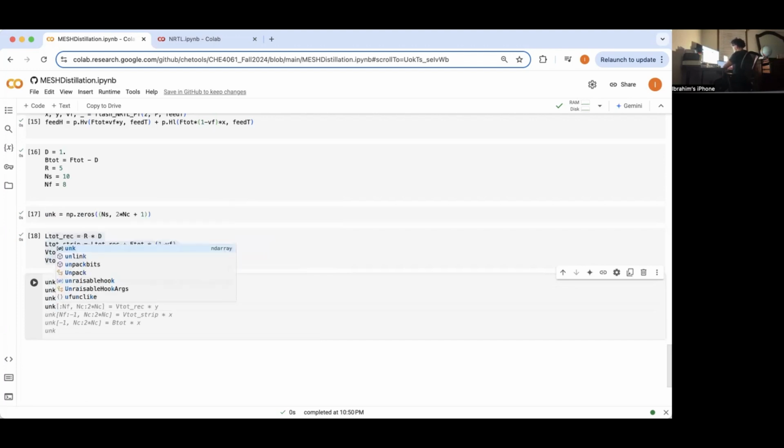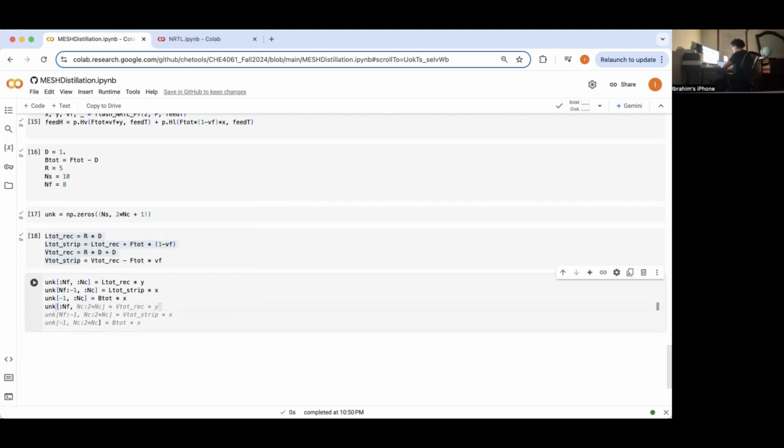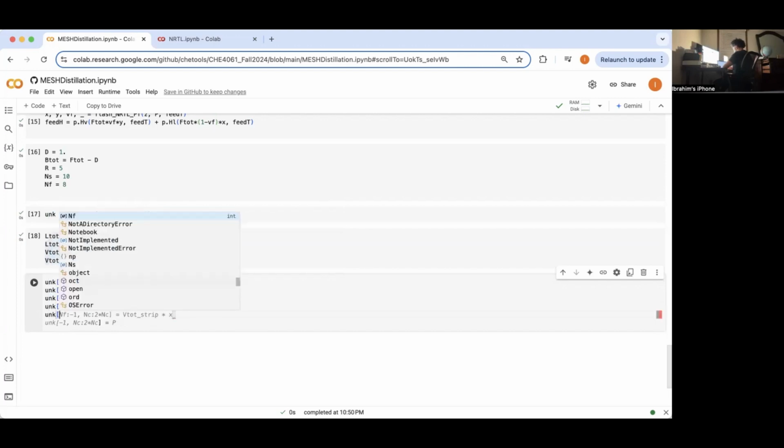All right, for our next unknown, we're setting a semicolon here, NF, and then NC semicolon 2 times our number of components. This will be equal to our V total in our rectifying times Y. For our next unknown, we're setting up our V total in our stripping multiplied by our liquid composition.